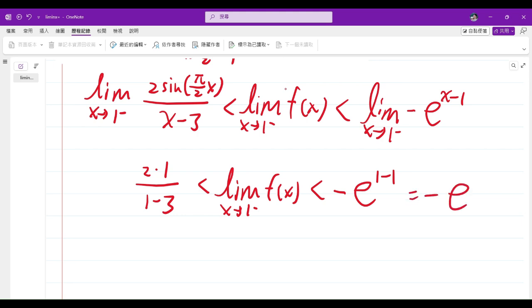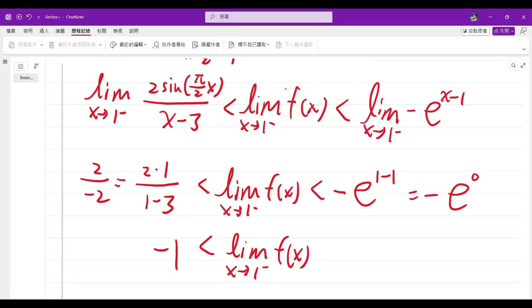This one is negative e to the power 0. This is 1. So actually this is 2 divided by negative 2, so that's negative 1. This is also because e to the power 0 is 1, so that's also negative 1.